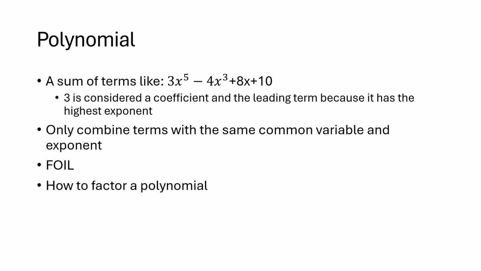Understand that we can have this shifted any way we want. We could have it look like this, 3x^5 plus 10, and it wouldn't be a problem. Now, if I were to ask you what the leading term is, understand that it is not negative 4x to the third. It is still going to be 3x^5, even if it's in the back, because it has the highest exponent.